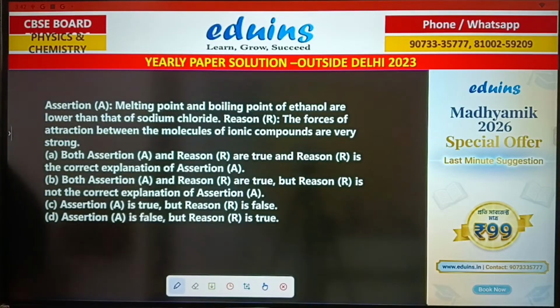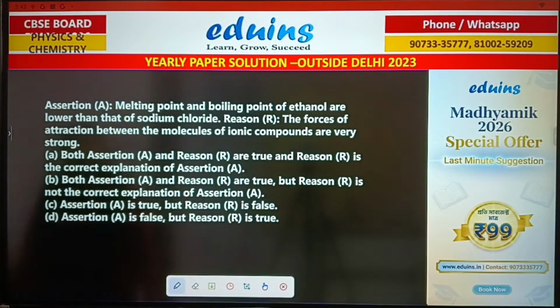Option A. Very good, Shomesh. Option A is the correct answer because the melting point and boiling point of ethanol are lower than sodium chloride.